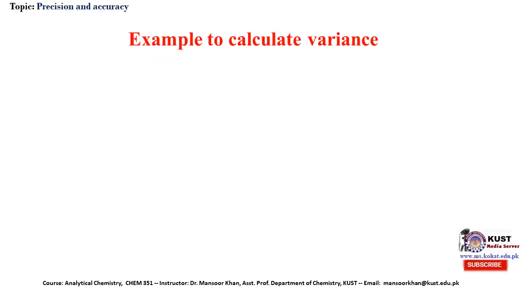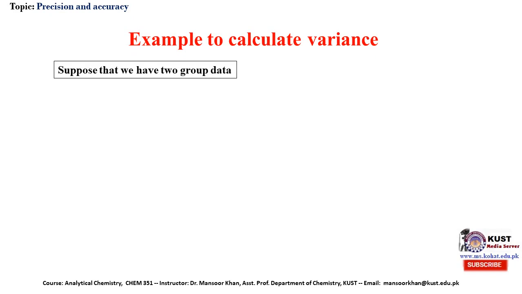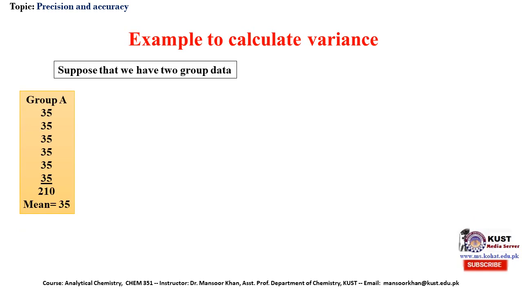This slide shows an example to calculate variance. Suppose that we have two group data. Group A consists of 35, 35, 35, 35, 35, 35.